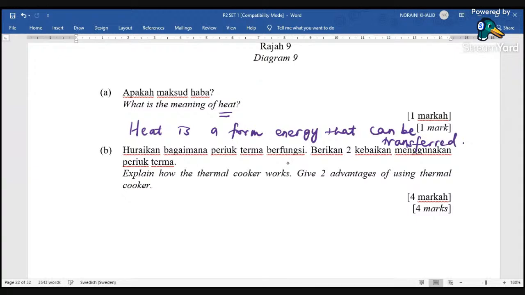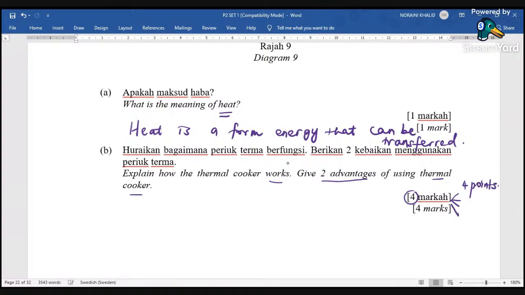B, explain how the thermal cooker works. Give 2 advantages of using a thermal cooker. First of all, let's look at the marks provided here, 4 marks. 4 marks means your answer must have 4 points.